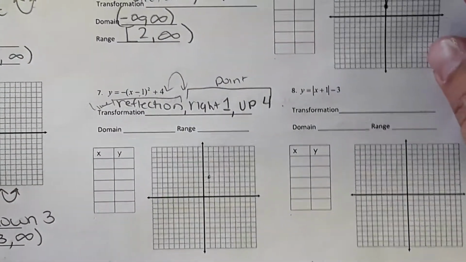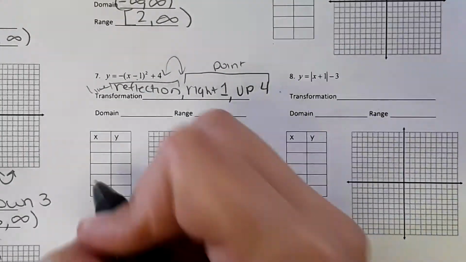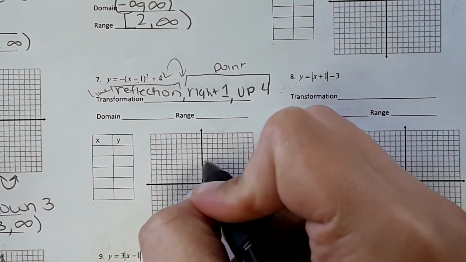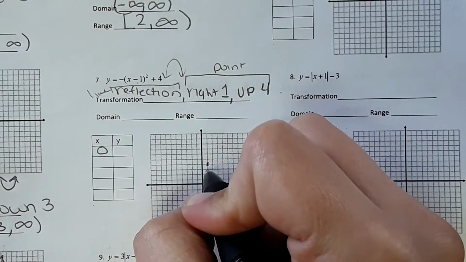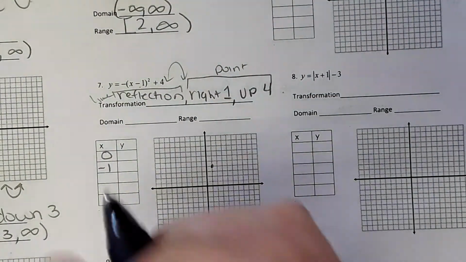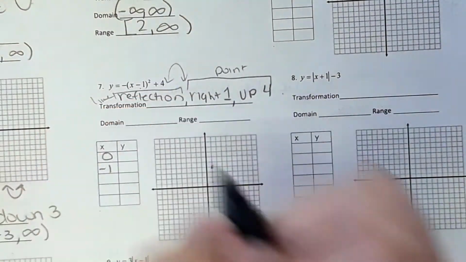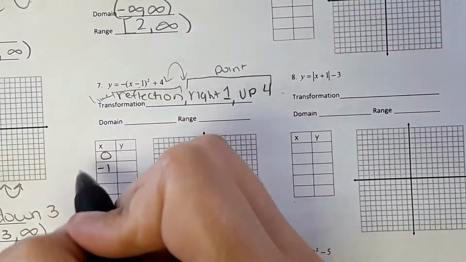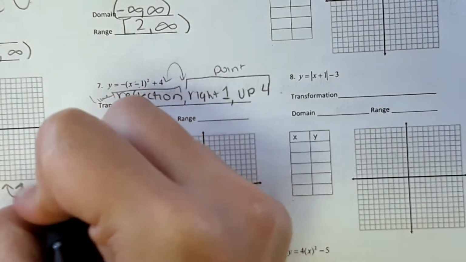Okay, so from here, we're going to have to plug in values. I'm going to use maybe 0 and how about -1? So then I'm going to plug these values into the equation.